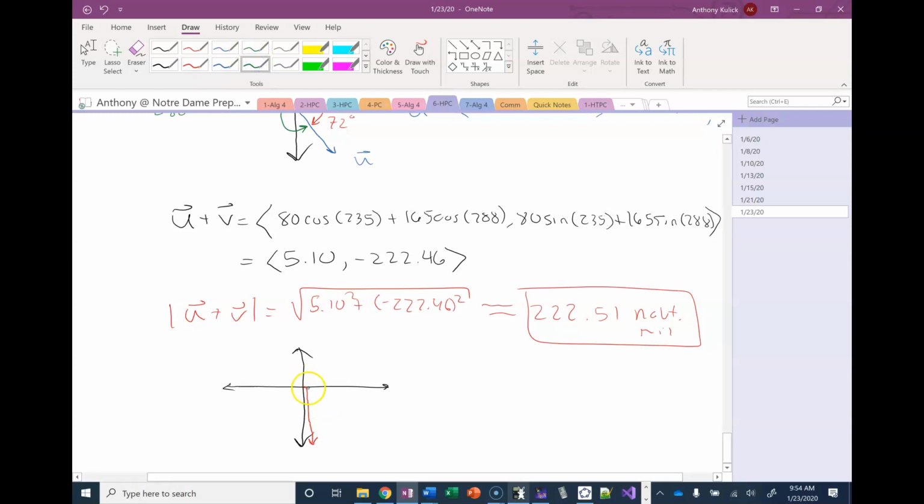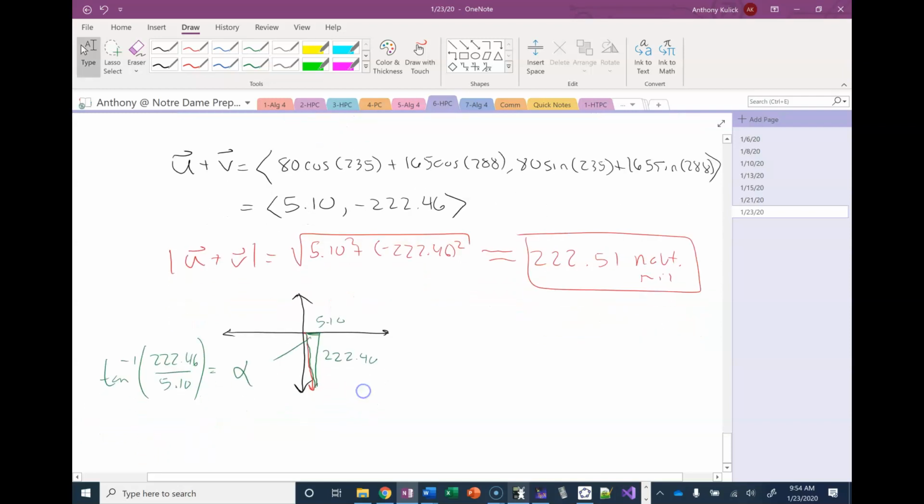So I'm going to start by drawing my reference triangle. And I'm interested in this angle alpha, where this side is 222.46 and this side is 5.10. So I'll do tan inverse of opposite over adjacent. And when I do that, I get 88.69 degrees.